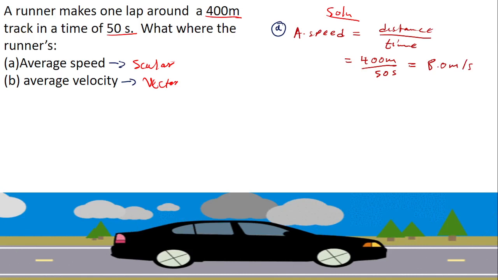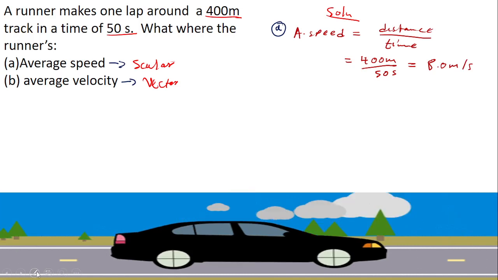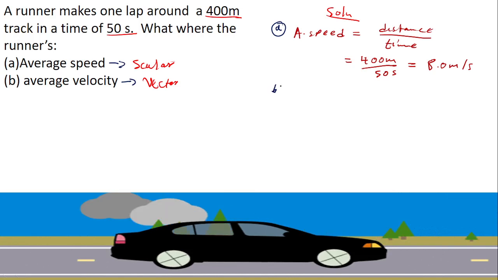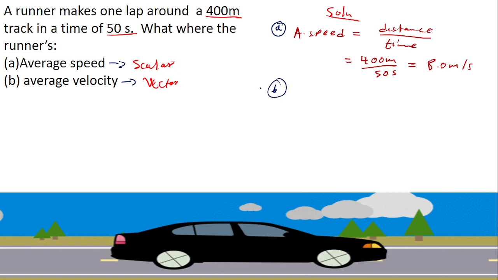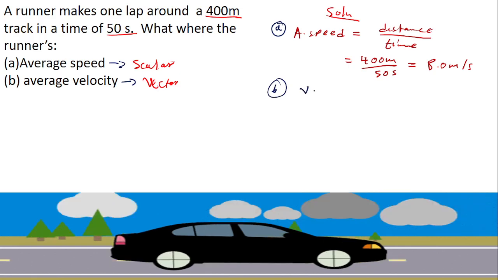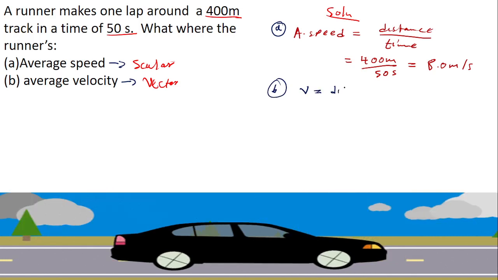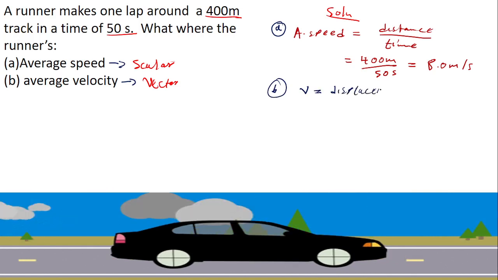So the next one is where we are looking at velocity. We have the same information, but we are looking at velocity. Velocity is simply equal to displacement over what? Over time.